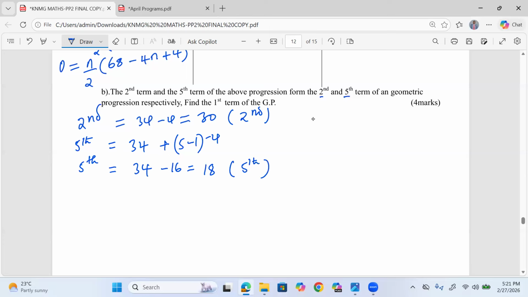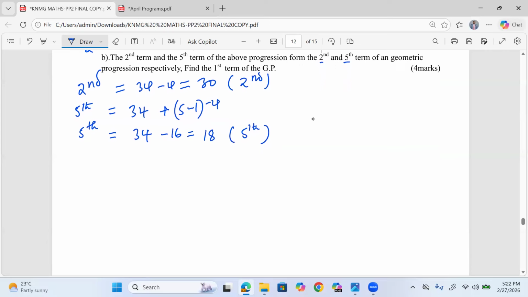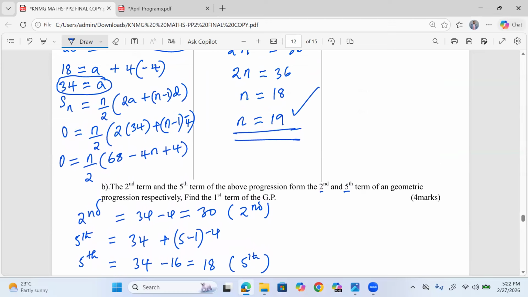You know what a GP means? A geometric progression, whereby from one term to the next, we have a common ratio. Therefore, now we are supposed to talk about the ratio of the second and the fifth. When we take the fifth number, which is 18, and divide by the second number, which is 30, we are supposed to get the nth term in GPs.